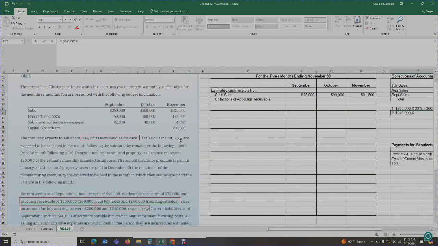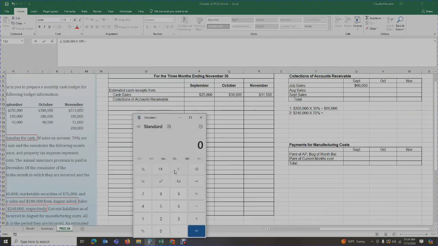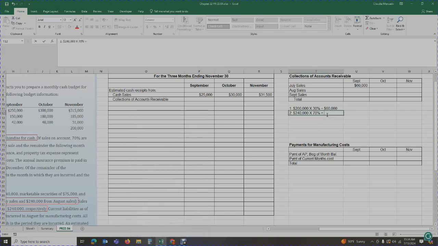So it's 70% the first month after the sale is made, 30% the second month after the sale is made. So in August, we made sales of $240,000. That means that in September, we're going to collect 70% of that. So we're going to collect $240,000 times 70%. That will give me $168,000.